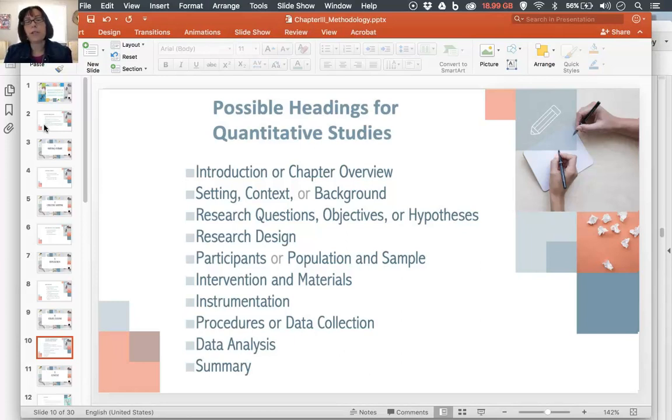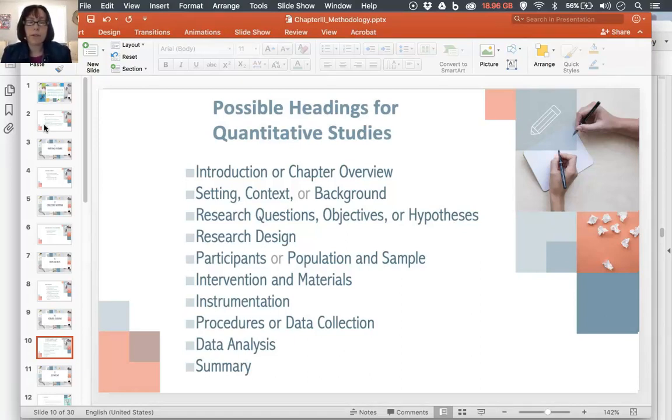Your research questions, your objectives, your hypotheses that you've mentioned in Chapter 1, talk about your research design, your participants, the population, your intervention, your instrumentation, the procedures for data collection, your data analysis procedures, as well as a short summary at the conclusion of the chapter.